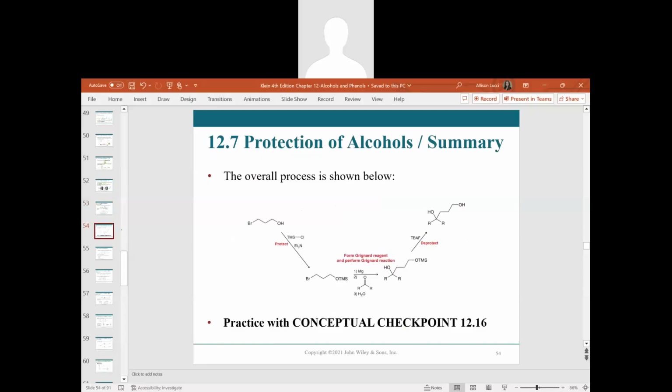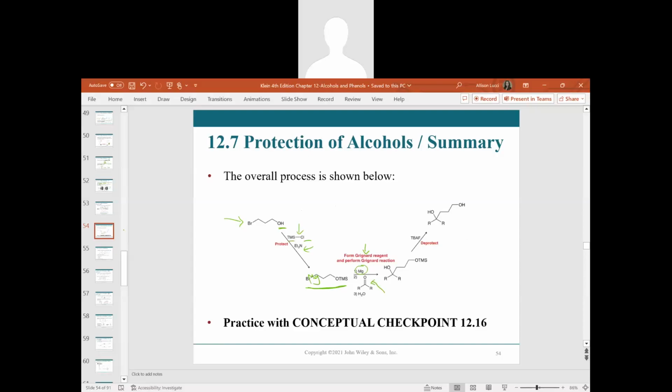We can see everything pulled together in this last slide. We had that starting alkyl halide that also had that hydroxyl group. We protected it using our TMS chloride in triethylamine as our base, so we didn't produce that HCl. Now we are protected after that first step. Then we form our Grignard reagent, adding magnesium in step one. Then we can perform our Grignard reaction.